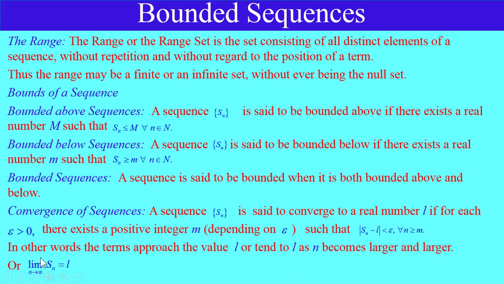In other words, the terms approach the value L or tend to L as n becomes larger and larger, or limit as n tends to infinity of Sn is equal to L.